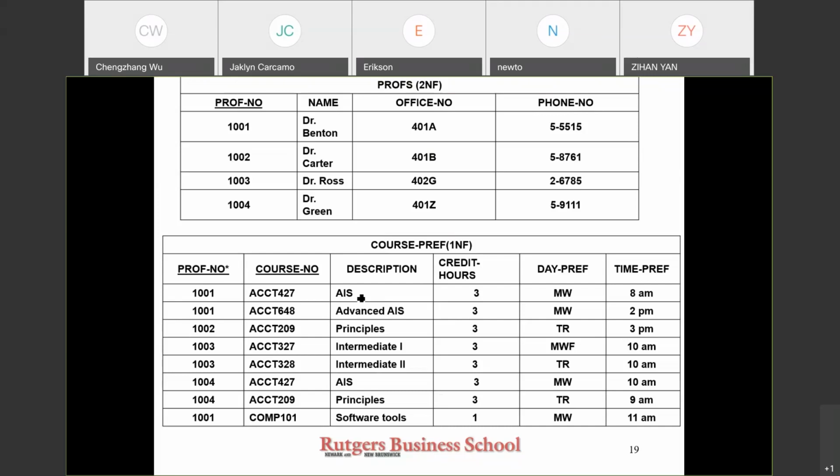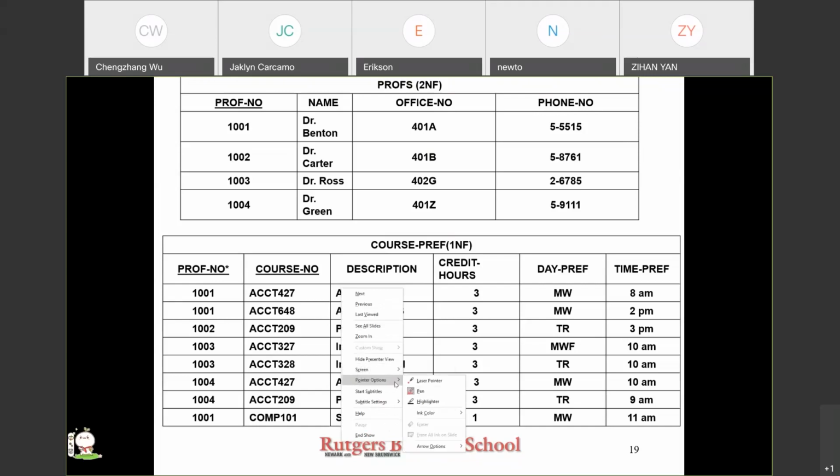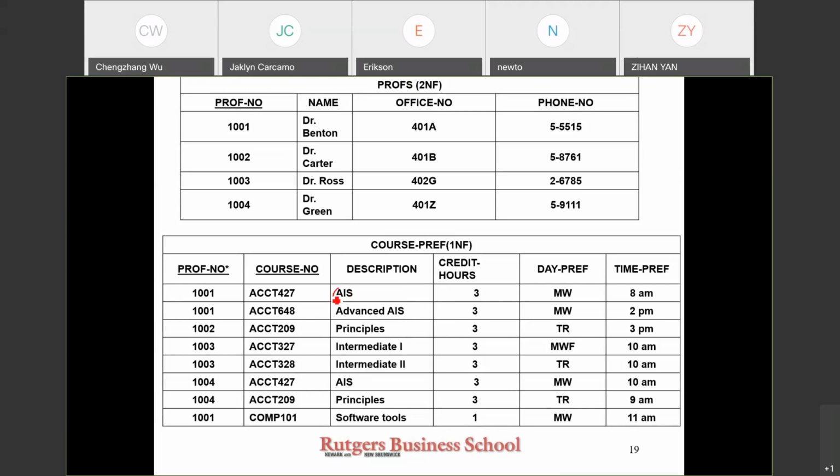For example, the course information about AIS class appears once here, twice here.